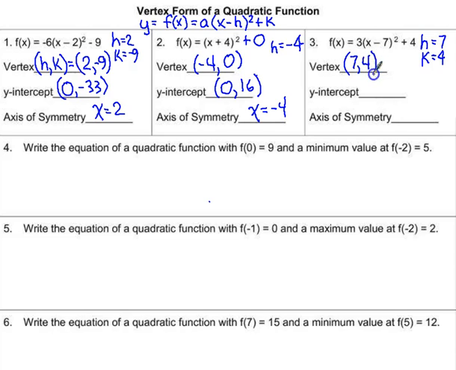We have that. Now we're going to do f of 0 is equal to 3, substituting in 0 for x, minus 7 quantity squared plus 4. Negative 7 squared is equal to 49. We still have to multiply that by 3 and add 4. 3 times 49 is 147.